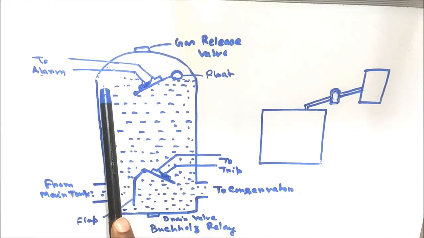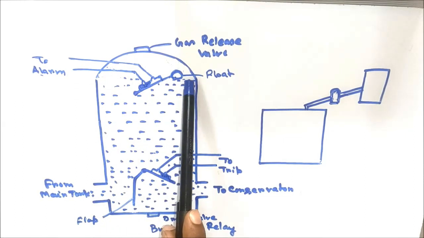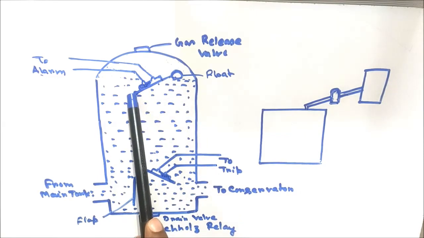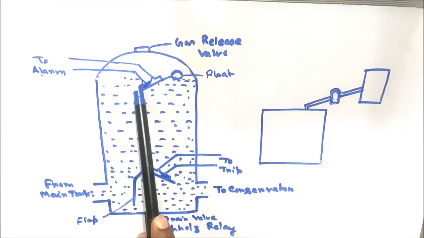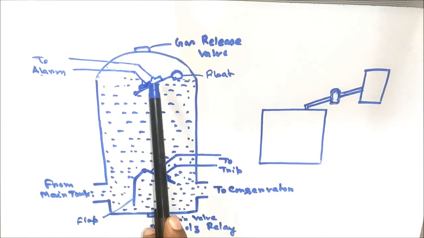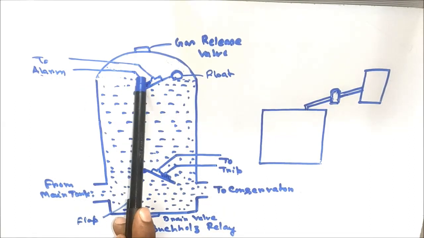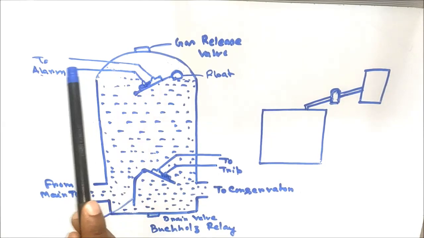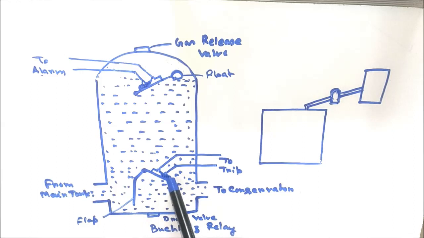Under normal condition oil is filled up to this level, and therefore this float will remain in this position, and the pipe connected with the float will be inclined from the hinge point in such a way that the Mercury switch will not make the two electrodes. From these two electrodes two cables are connected, one to the alarm circuit and one to the trip circuit.